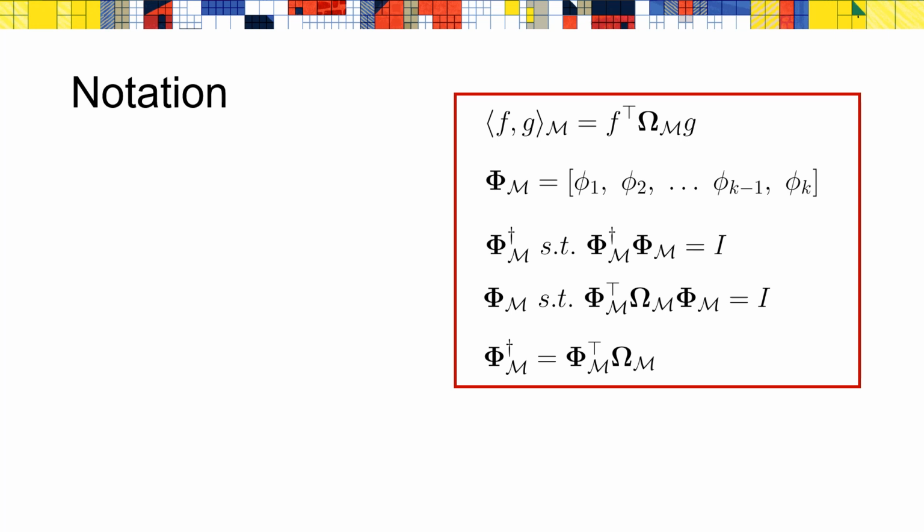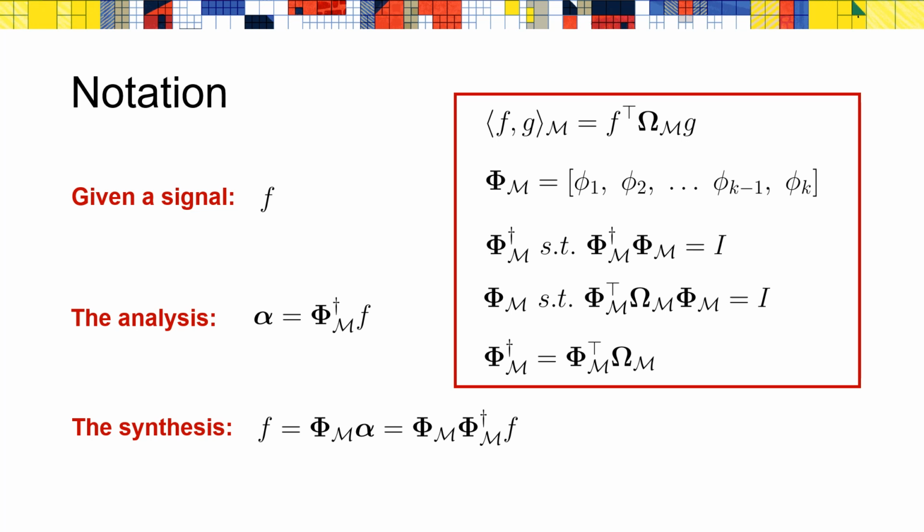Then we can define the pseudo-inverse of this matrix Phi as the matrix for which the product with Phi is equal to the identity. We refer to this pseudo-inverse as Phi dagger. In the case of the eigenfunctions of the Laplace-Beltrami operator, we know that these eigenfunctions are orthonormal, and so in this case the pseudo-inverse is equal to the product of the transpose of Phi times the mass matrix Omega.